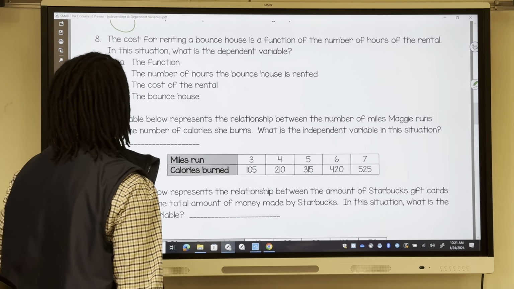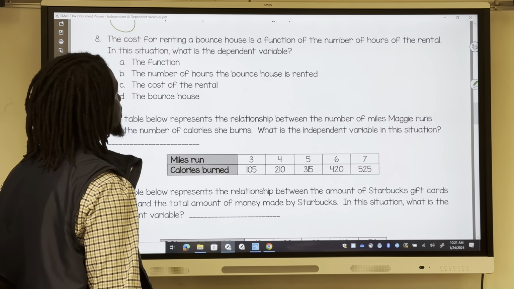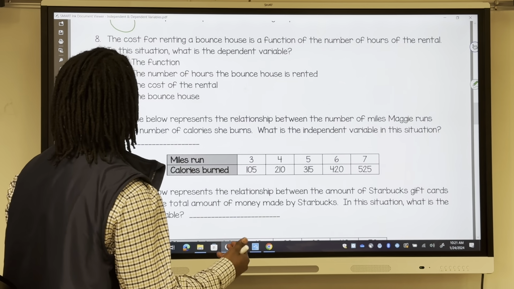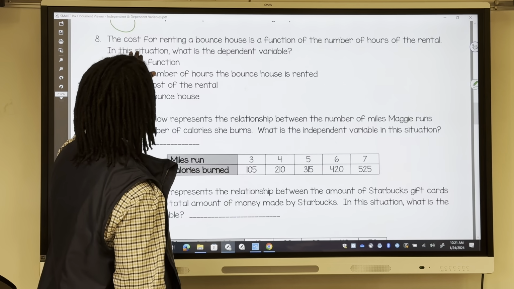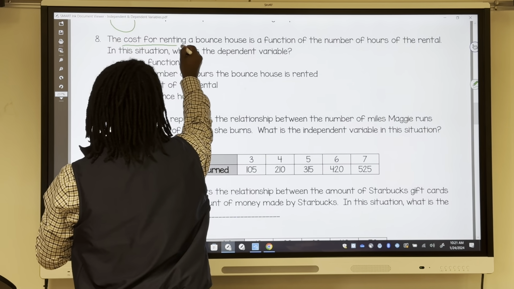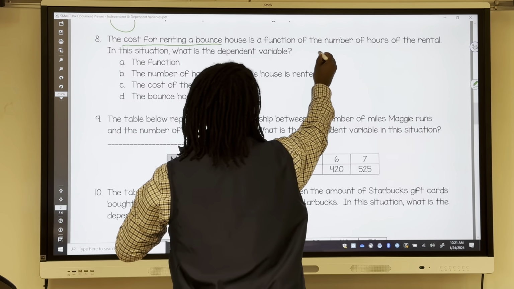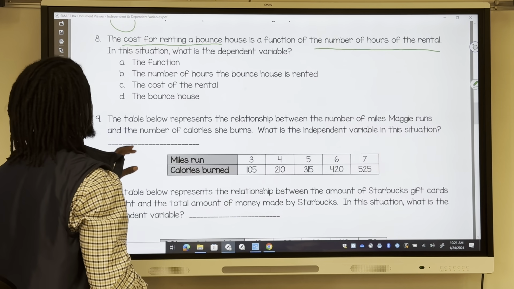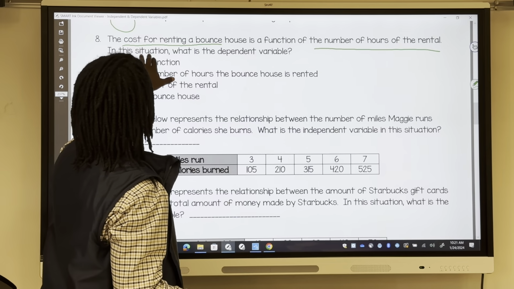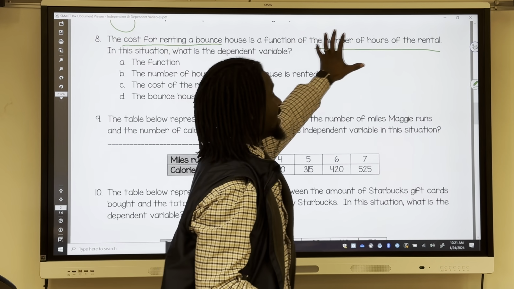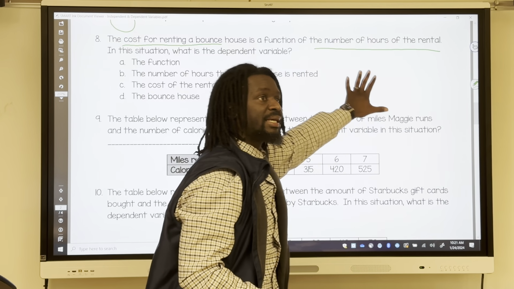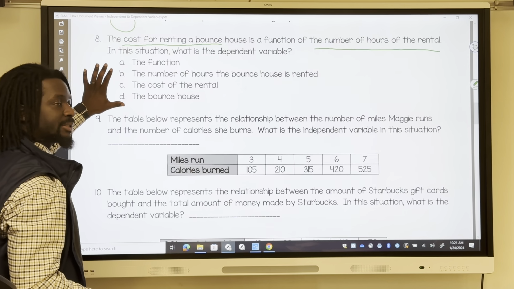The cost for renting a bounce house is a function of the number of hours of the rental. Okay, in this situation, what is the dependent variable? The cost for renting a bounce house is a function of the number of hours. Okay, so which depends on the other? Does the cost depend on the number of hours that you rent it, or does the number of hours that you rent it depend on the cost?